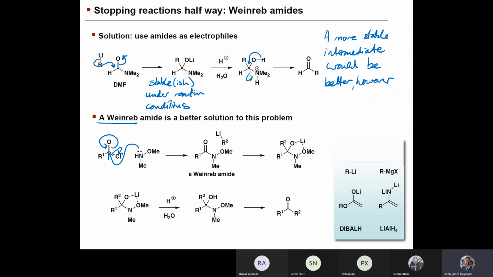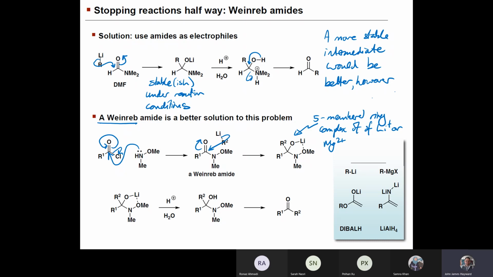Dr. Green loves this. He uses it a lot in his chemistry, but he's not the only one. It's a very good solution. So the thing with a Weinreb amide is that when you get attack from a nucleophile, you generate an intermediate, which is a 5-membered ring, a coordination complex, of lithium plus or Mg2 plus if we're using a Grignard.